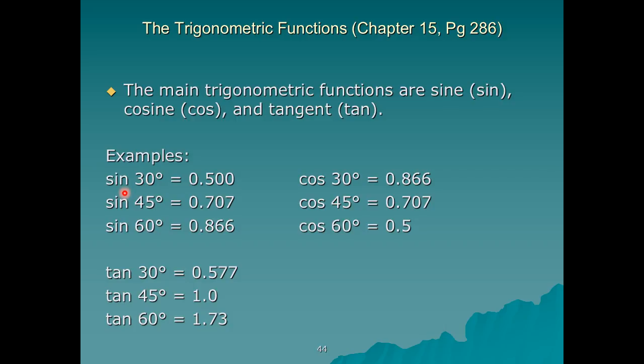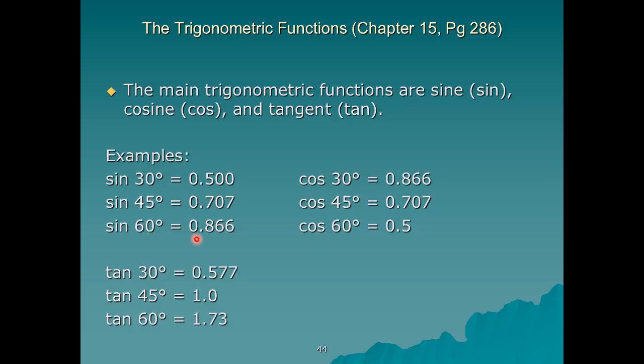This is called the sine function, and with every function there is an angle, right? So let's say sine 30 is 0.5, sine 45 is 0.707, sine 60 is 0.866. You don't have to memorize any of these because your calculator can find all of these. If you just press sine and then, let's say, 60 and then click the equal sign or enter, it will automatically give you that fraction.